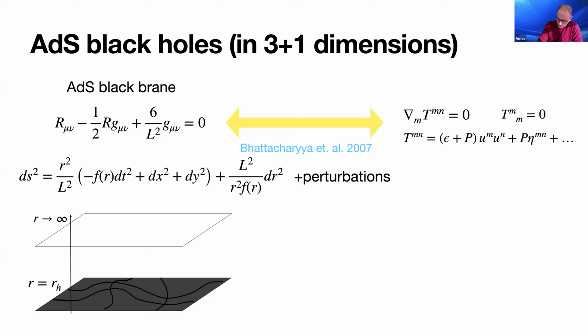So in relativistic hydrodynamics, you might be familiar with this expression when you look at some cosmological solutions. U is a velocity, P is a pressure term, epsilon is the energy density, and there could be a shear term here, which I didn't write. And energy momentum conservation gives us some equation for these quantities.